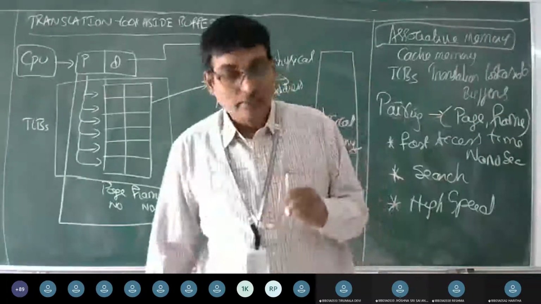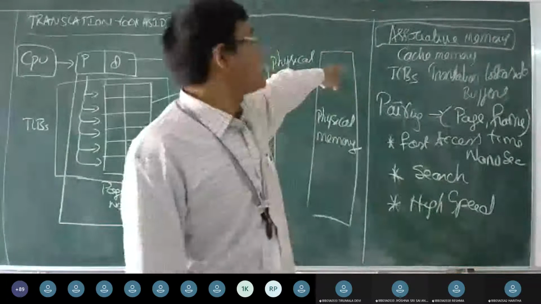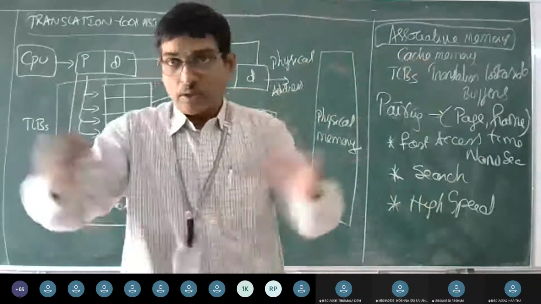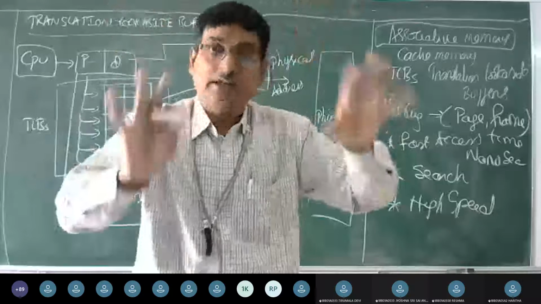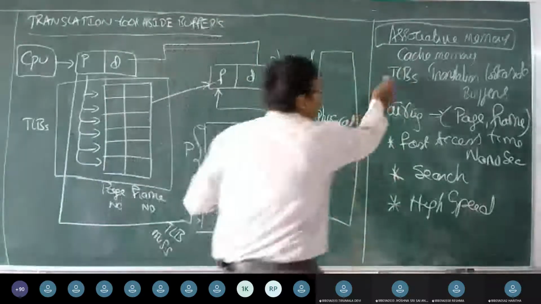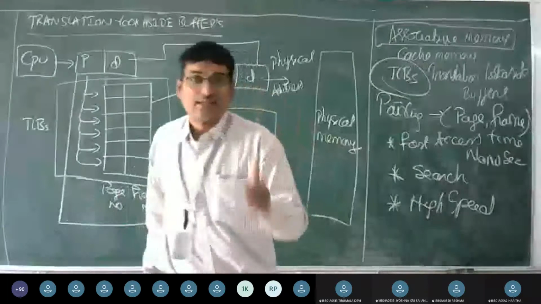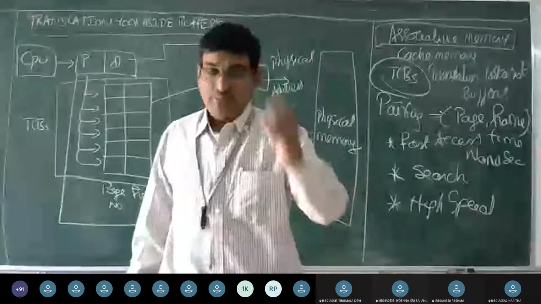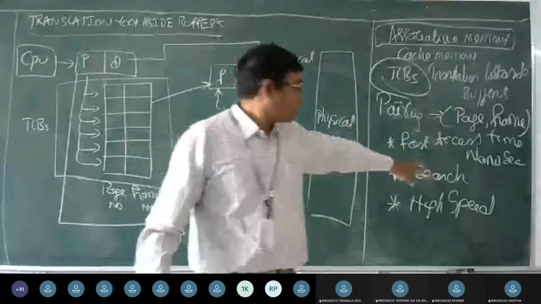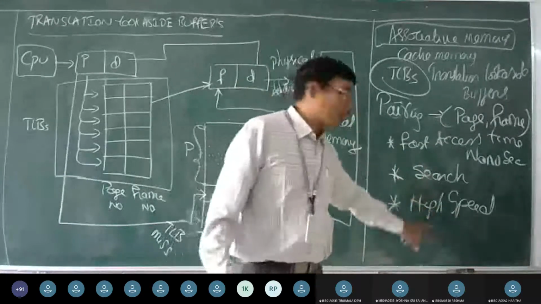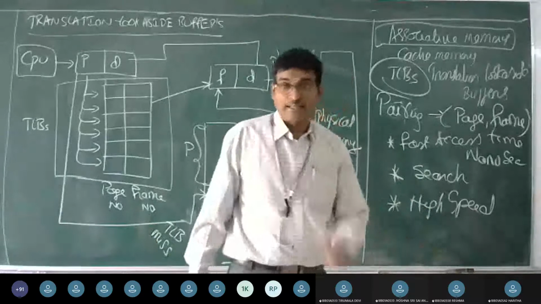So having a glimpse of translation look aside buffers, cache memory or associative memory, whatever people call it, all three are synonyms, and all three are given the name translation look aside buffers. So what are the advantages? Advantage 1, it is used for searching. Advantage 2, it has high-speed CPU access.